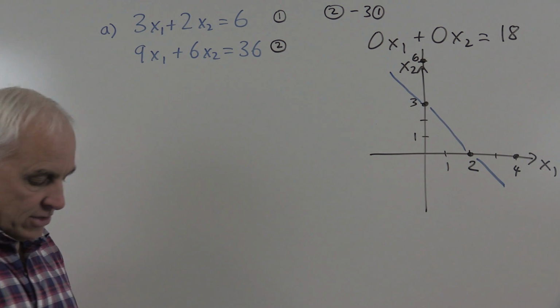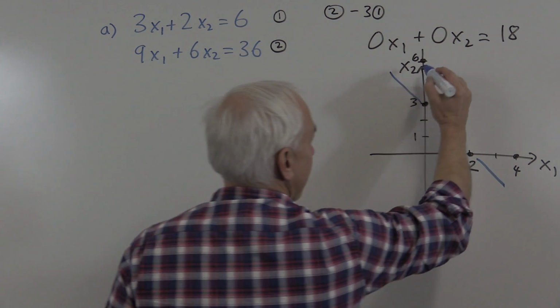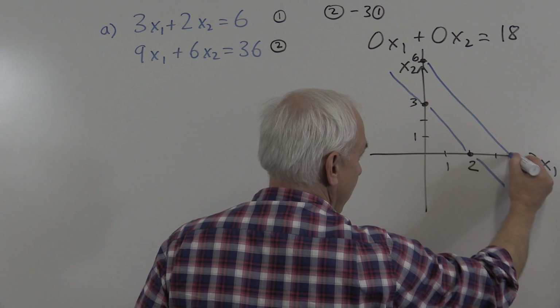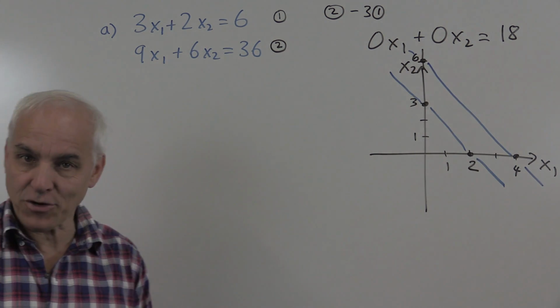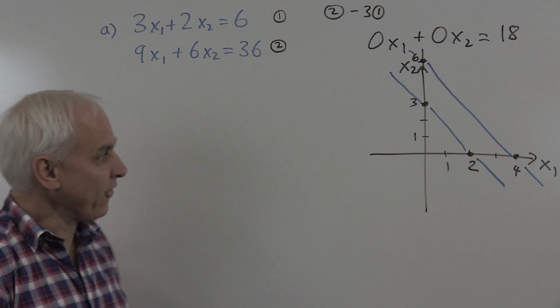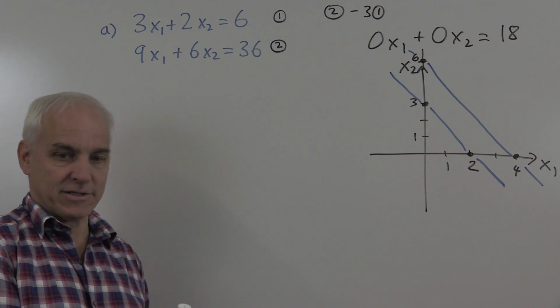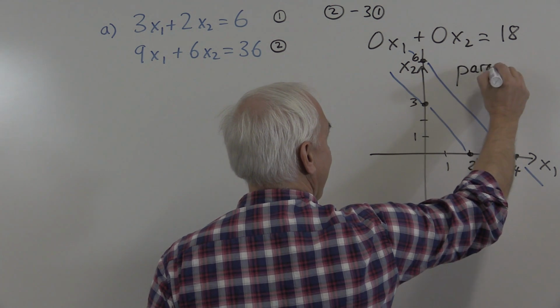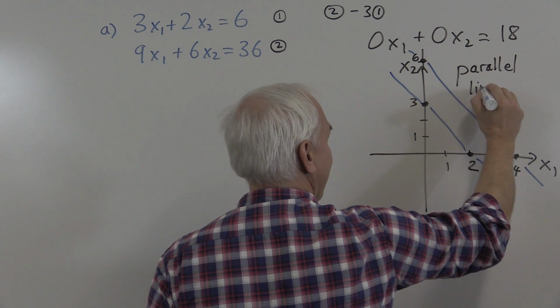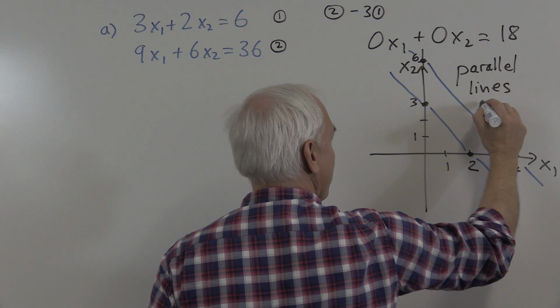Okay, and so if we join those 2 points, then we get the second equation. And we can see that it's no surprise that there are no solutions because these are parallel lines. So we have parallel lines. So no solution.